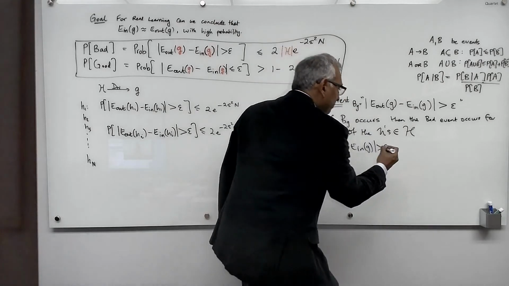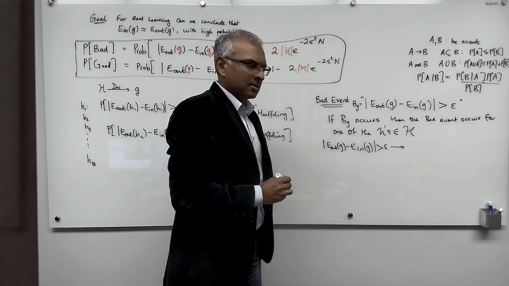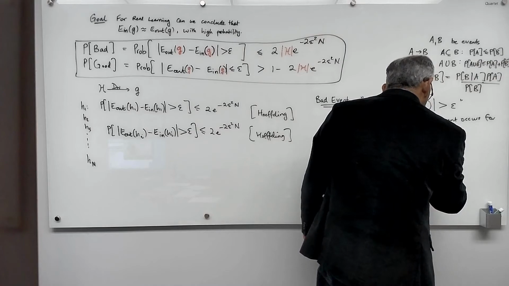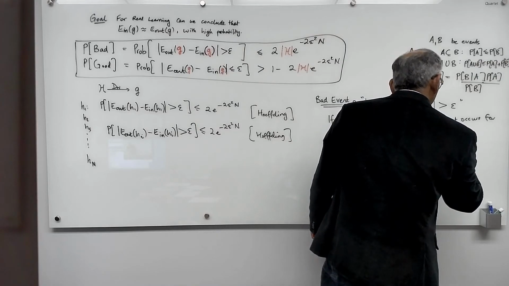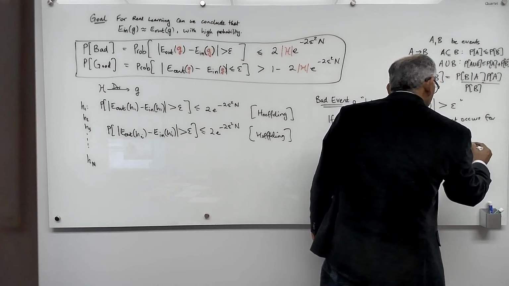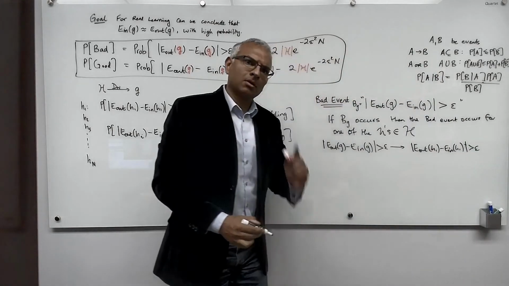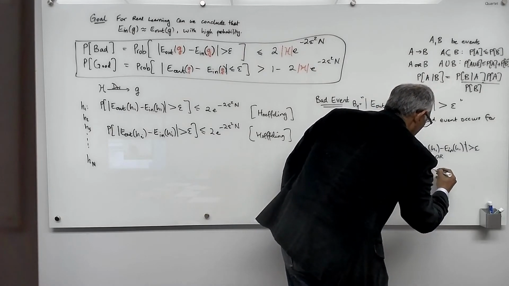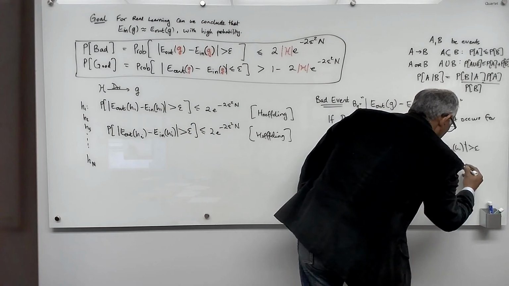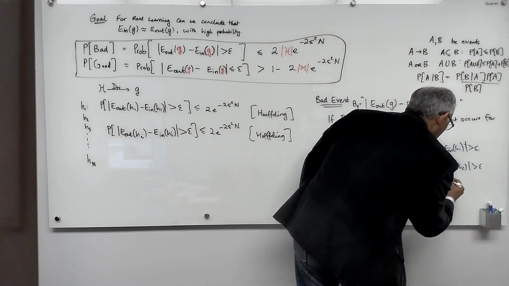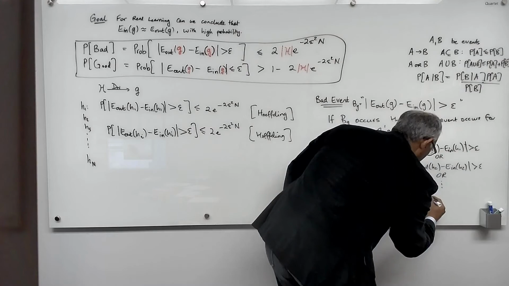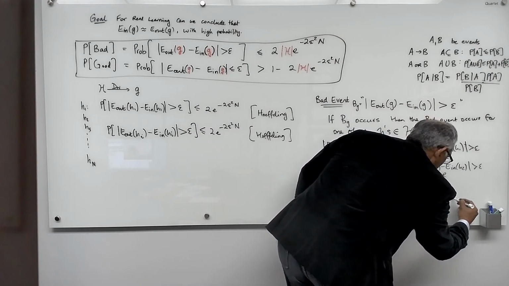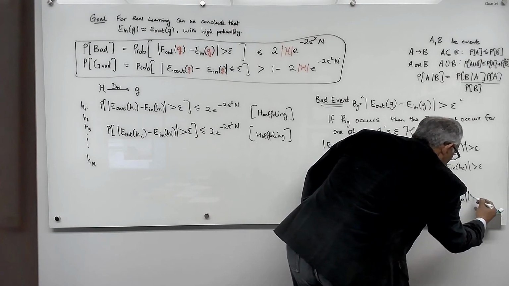implies that E out of H1 minus E in of H1 is greater than epsilon, or E out of H2 minus E in of H2 is greater than epsilon, or, up to, E out of H M minus E in of H M greater than epsilon.